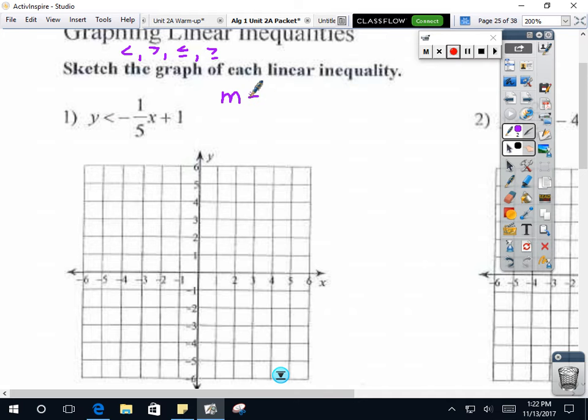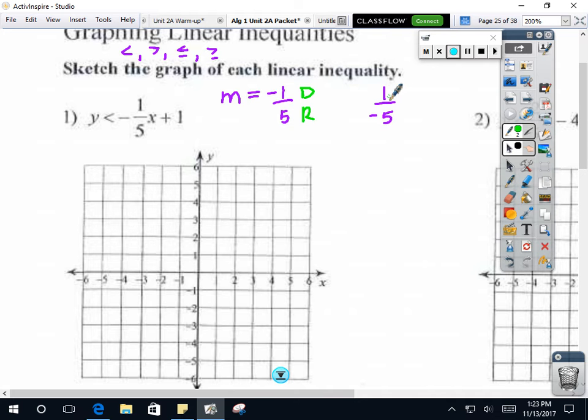What is the slope? -1/5. Or couldn't you also have put the +1 and put the negative on the 5? You don't have to. I just prefer it. So if you choose to put the negative on the top, the directions for slope will be what? Down 1, right 5.